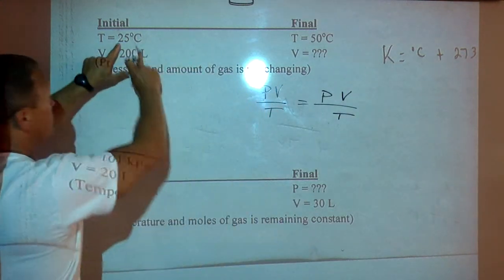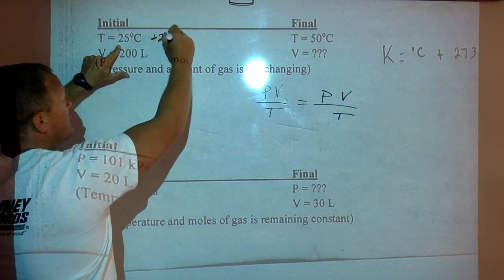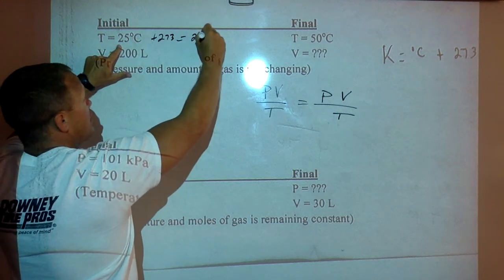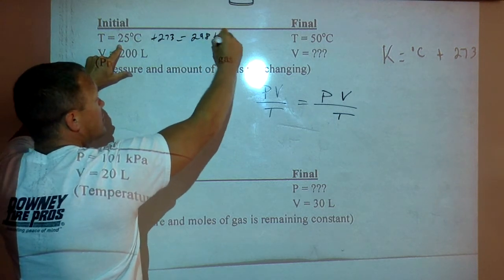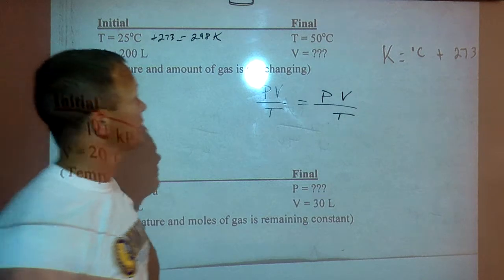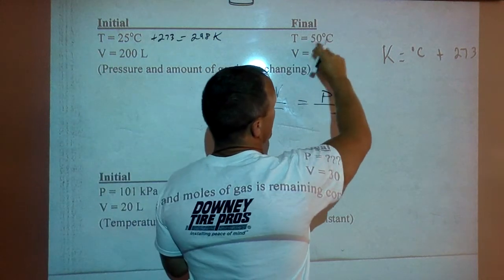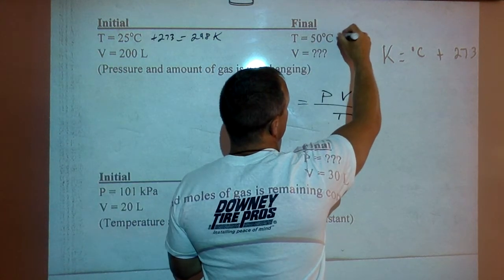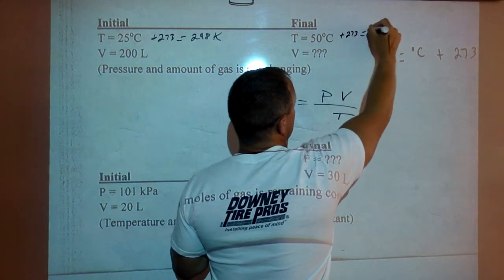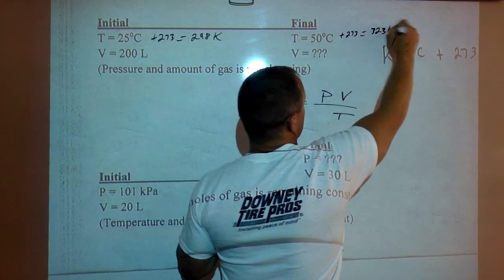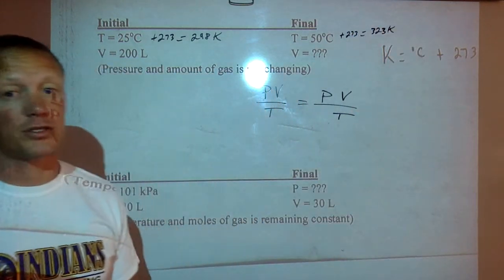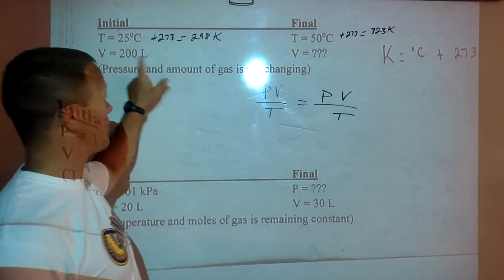So 25 plus 273 is 298 Kelvin. For some reason, they don't use a degree sign with Kelvin. 50 plus 273 is 323 Kelvin. Notice the Kelvin temperature is not doubling, so the volume will not double, but it will still get bigger from here to here.